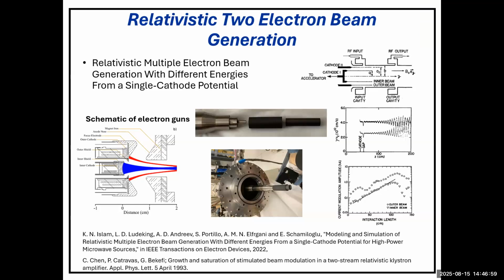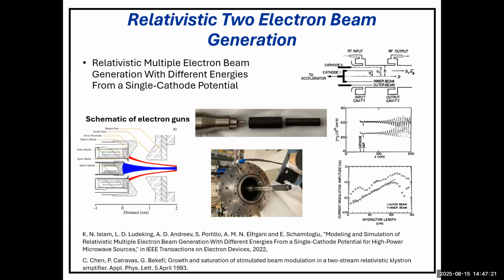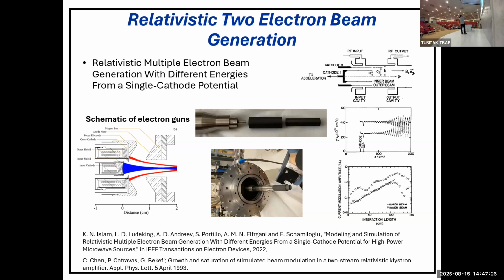Then how? I'm coming to your question. So the contribution that UNM did is they did the study. If you have what they call a nested cathode, where you have two concentric cathodes, I showed the picture here. The outer one has slightly larger radius, but you control the distance, how much the inner one is sticking out.